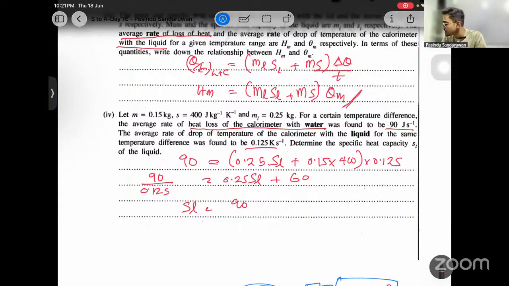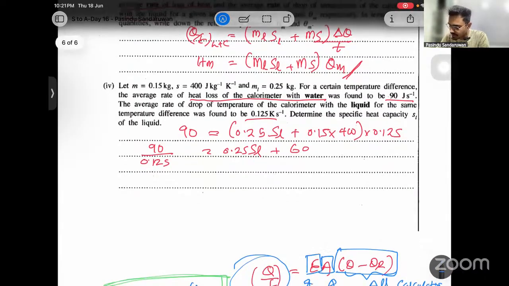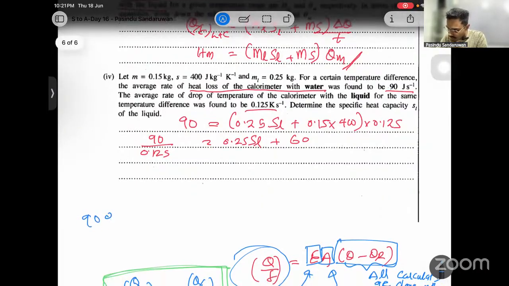That should be divisible, let's see. 90 over 0.125 can be written as 900 over 125, times 10 to the power plus 2.